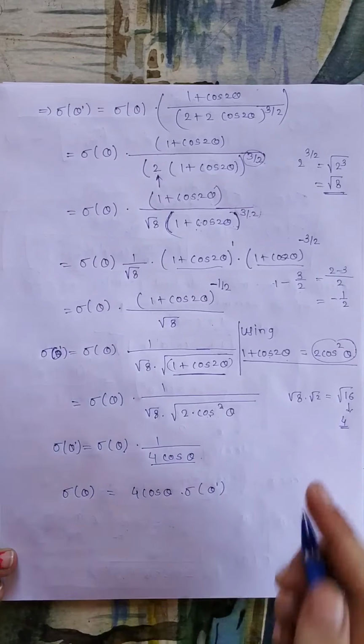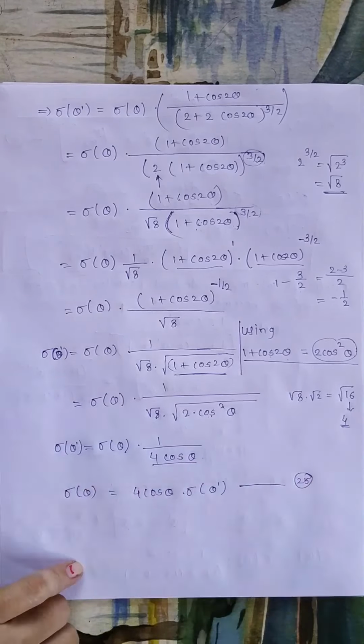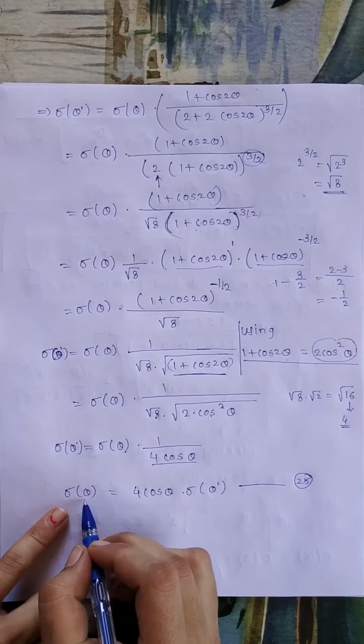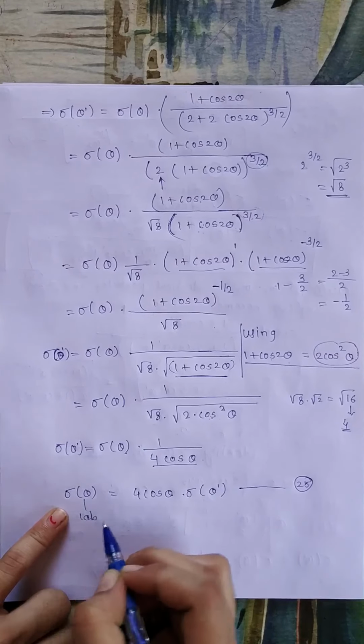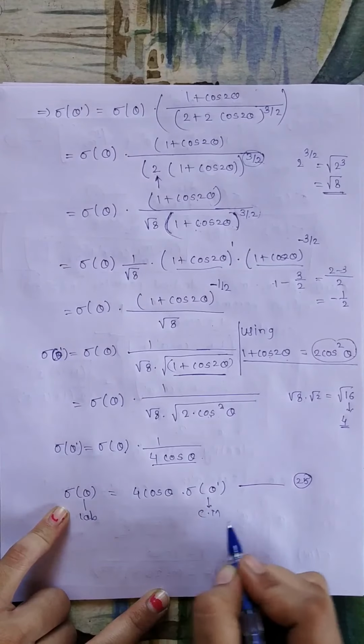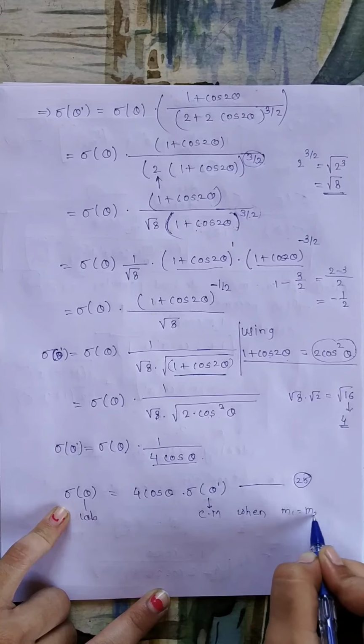And I will call this as equation number 25. So, again here, this is the relation between scattering cross section for lab frame and for center of mass frame when M1 is equals to M2.